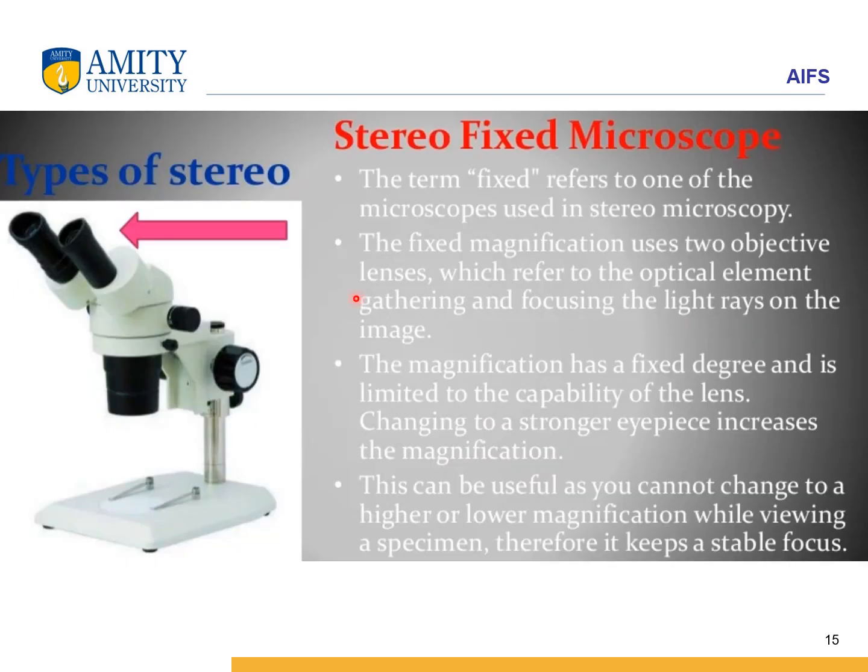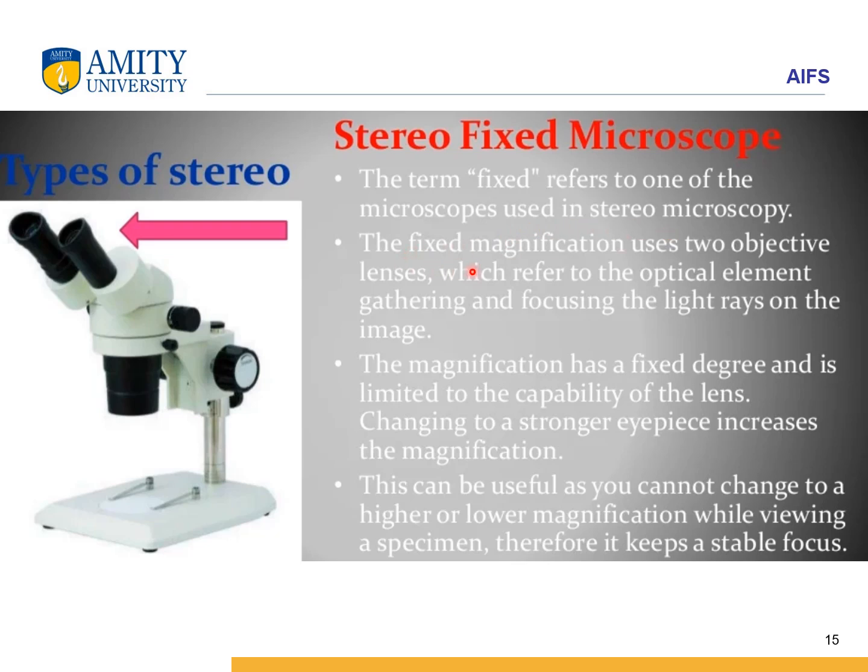So let's now discuss the different types of stereo microscope. Stereo microscopes are of different types, such as the stereo fixed microscope. The term fixed refers to one of the microscopes used in stereo microscopy.